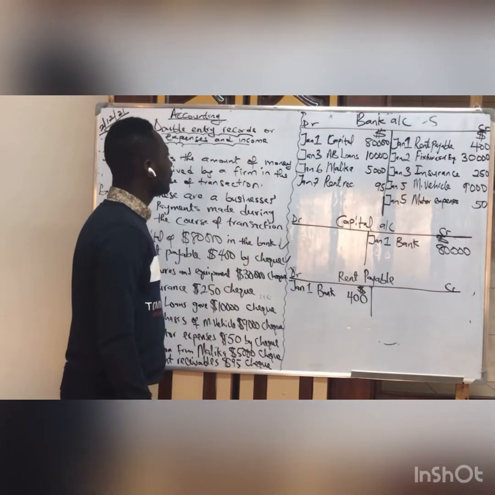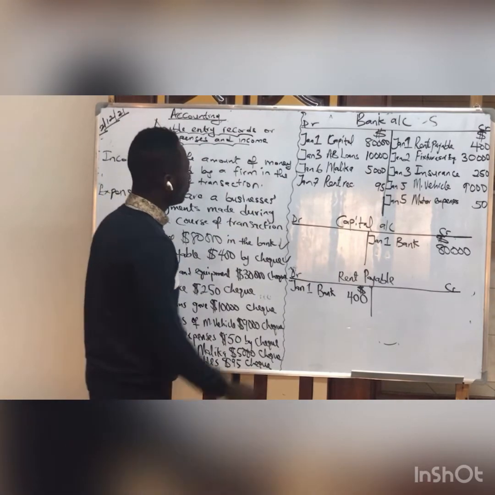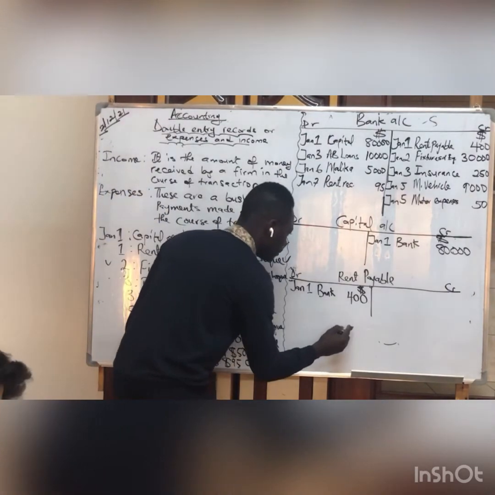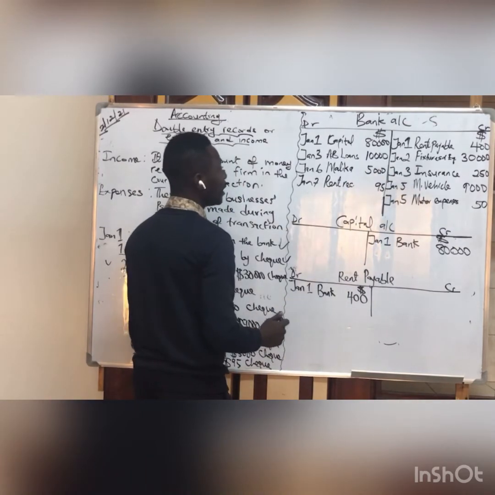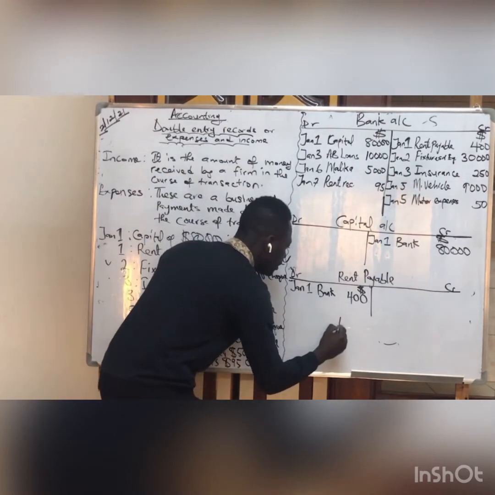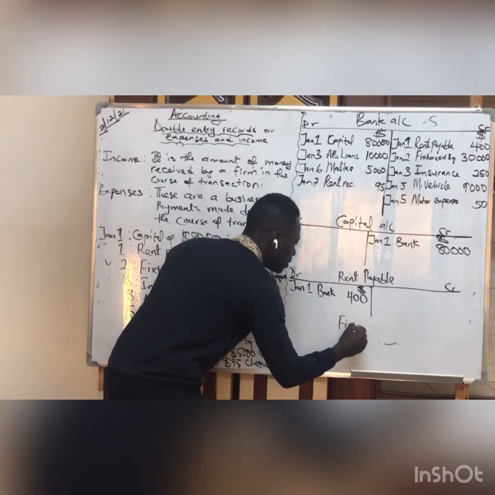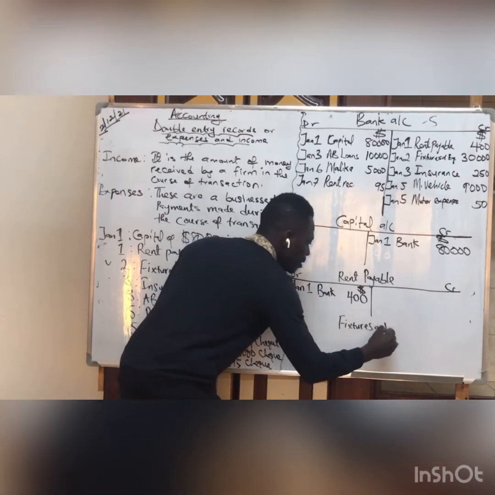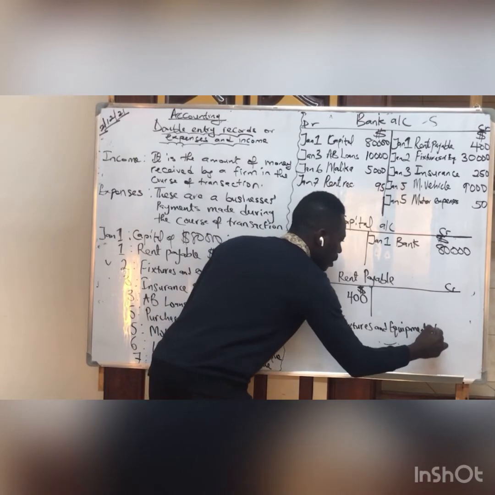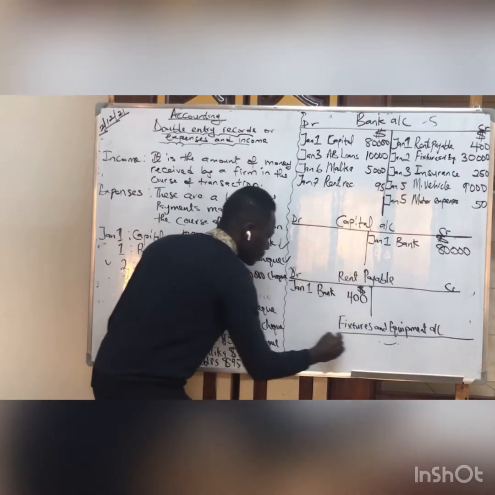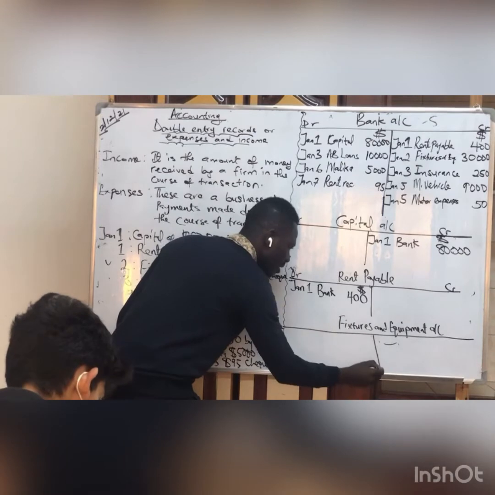The third one, January 3. We open, right? No, on the second. Yeah, on the second. So we have the fixtures and equipment account. Are you guys with me? Yes. Okay.